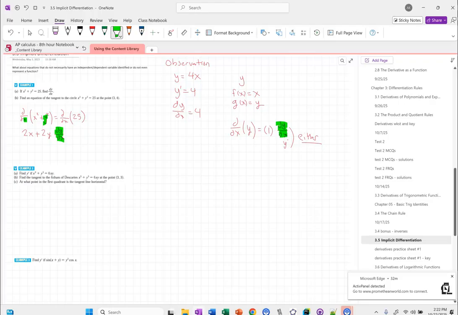So if, instead of doing d/dx of x squared plus y squared, I did d/dt of x squared plus y squared, I'd have a dx/dt at the end of the 2x and a dy/dt at the end of the 2y. Does that feel okay? We're going to continue practicing and reinforcing this in a moment.